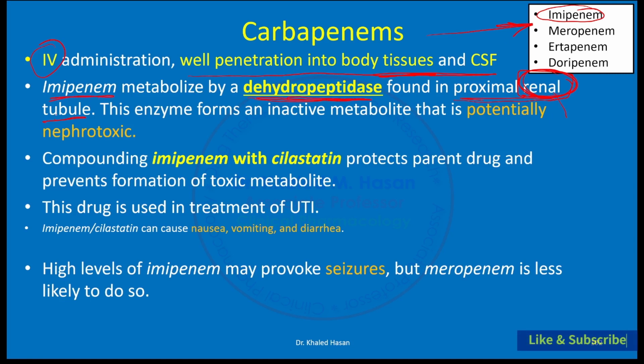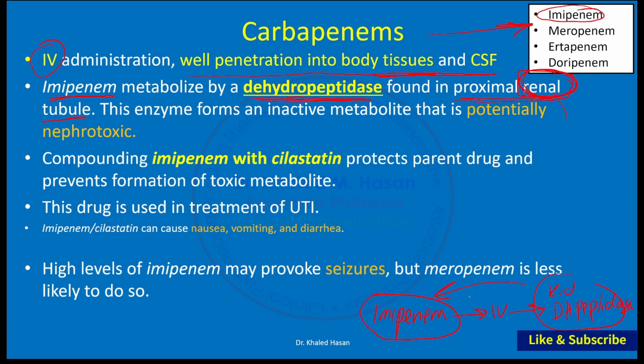So imipenem is prescribed to the patient IV for treatment of infections, but in the kidneys we have the dehydropeptidase enzyme, and this is responsible for metabolism of imipenem. When you say metabolism, that means in general destruction of the antibiotic.